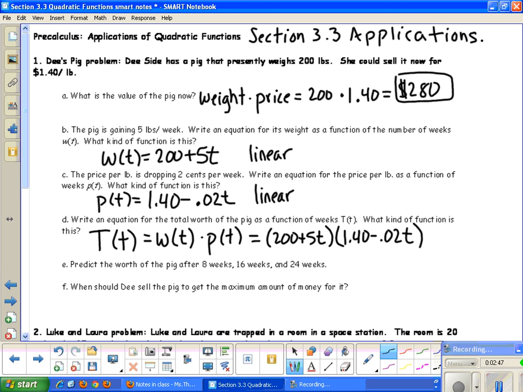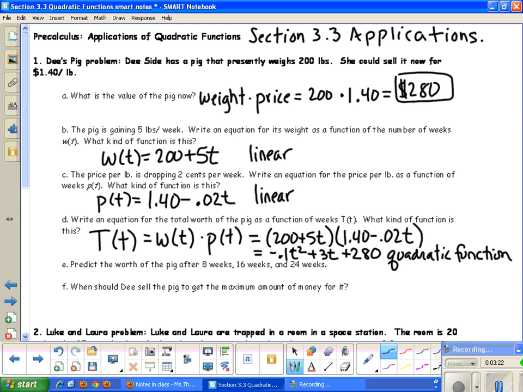Now notice if we were to multiply this out and combine like terms, this is equal to negative 0.1 t squared plus 3t plus 280. So this is a quadratic function, which makes sense because we're doing applications of quadratic functions.